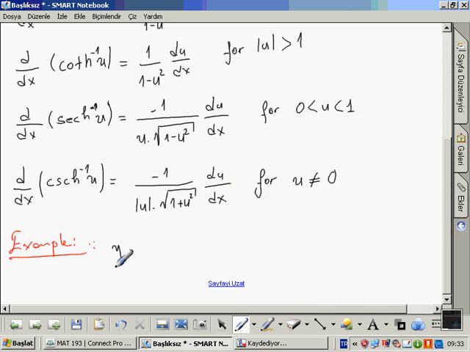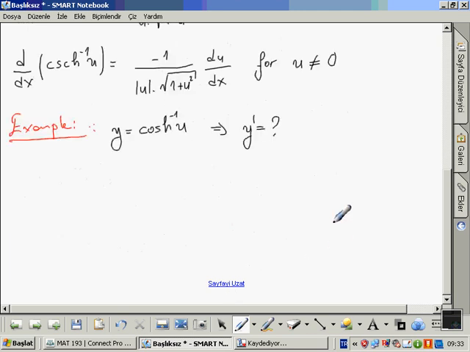If y equals inverse cosh u, what's y prime? Firstly, let's choose u equals cosh y.